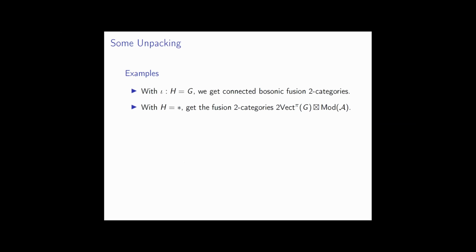One can also take H to be the trivial subgroup, in which case we get something that's completely orthogonal. Namely, we get all the fusion 2-categories that are in some sense maximally disconnected. So namely, there's some tensor product of Mod A and 2Vec G twisted by phi. Some case that is essentially different from those is when we fix A to be as trivial as possible. So we can take A to be our favorite non-degenerate braided fusion category, Vect.